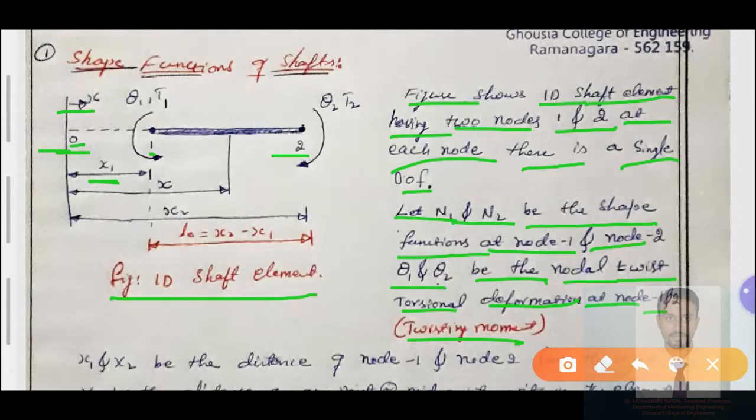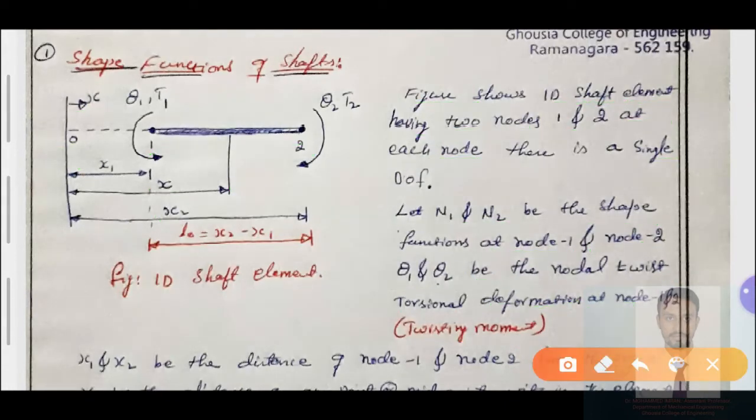From the origin O to node number 2 the distance is x2. The distance of a point in the shaft from the origin is x, and the length of the shaft element is LE equals x2 minus x1.